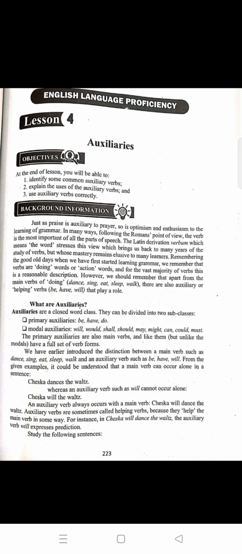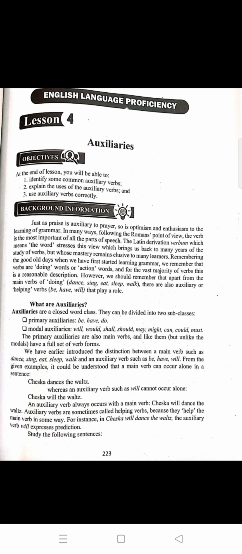Remembering the good old days when we first started learning grammar, we remember that verbs are doing words or action words, and for the vast majority of verbs, this is a reasonable description. So as we know before, verbs are action words, words that tell about actions.